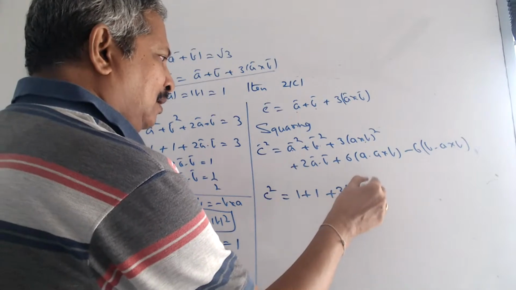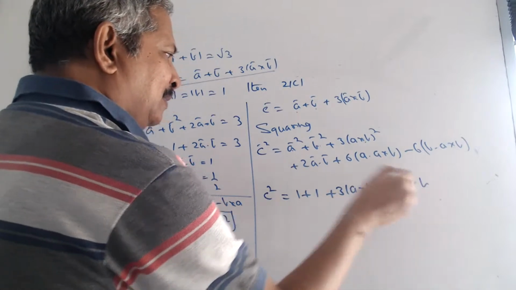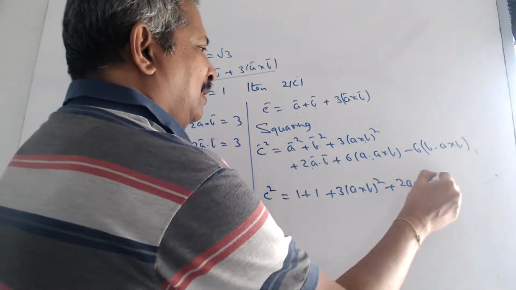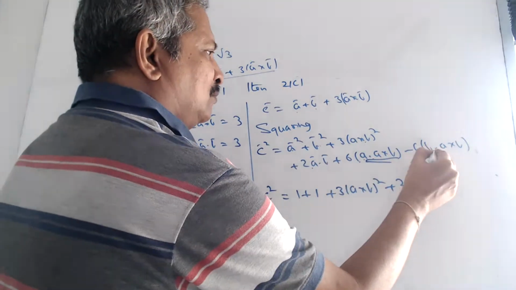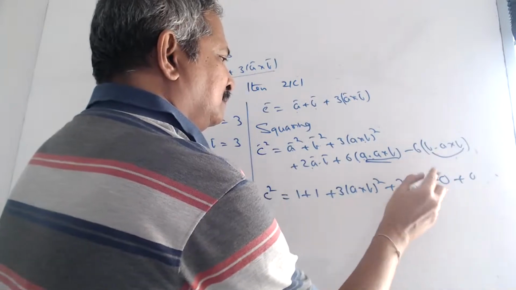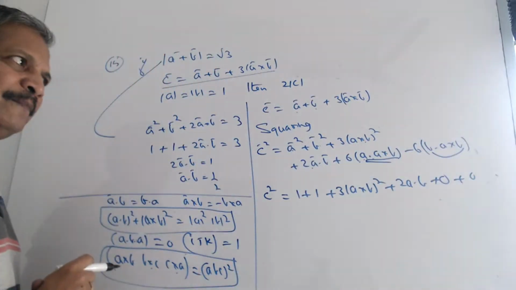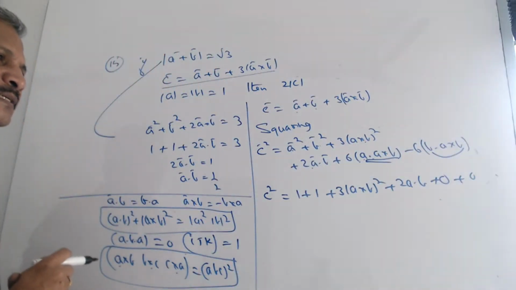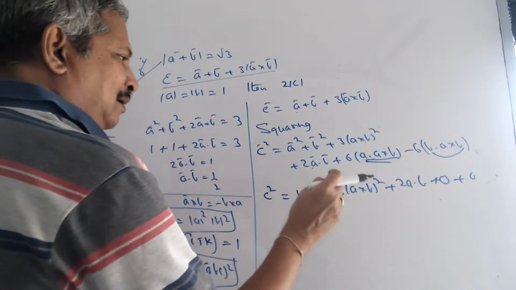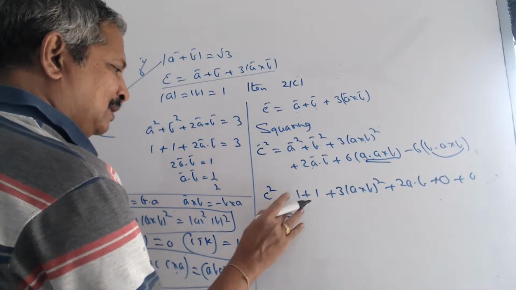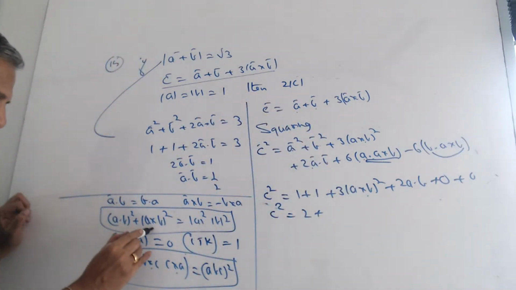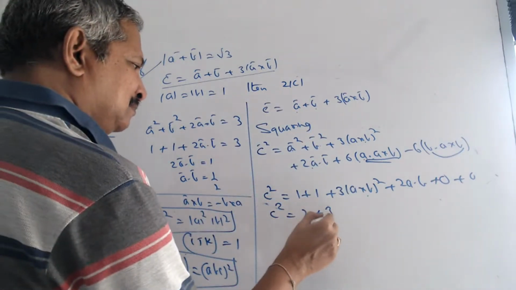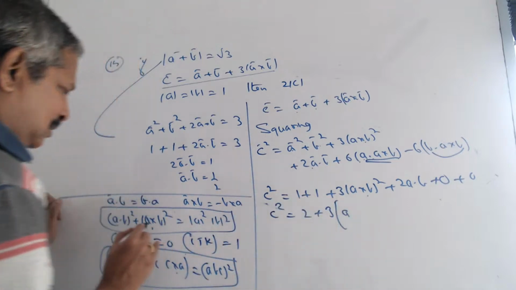And here 2 into A dot A cross B, two terms are equal, so it is 0. Up to this I got it. Now the next step: C square is 1 plus 1, 2, plus 3 into A cross B whole square.